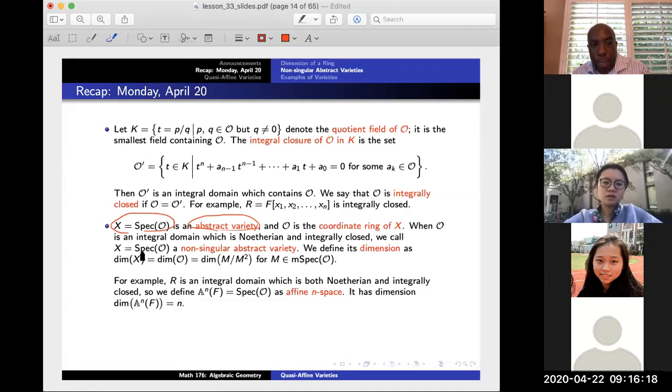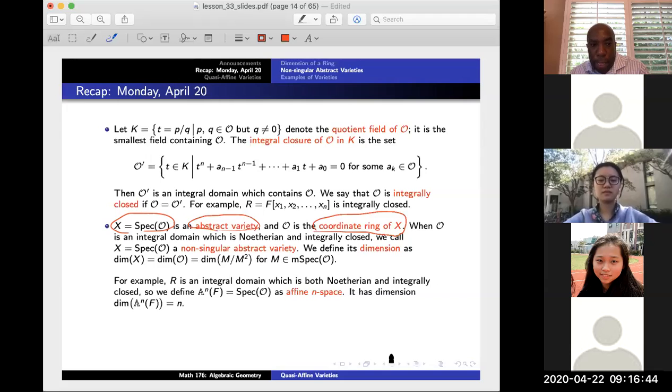Remember, literally the points of X are prime ideals. So the points of X are just the prime ideals of O. And so we'll think of O here as the coordinate ring of X. So here you want to think of this as someone giving you O, an integral domain, and now you're writing down a variety. That's what we mean by spec of O.